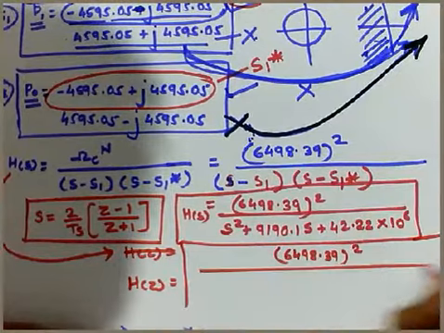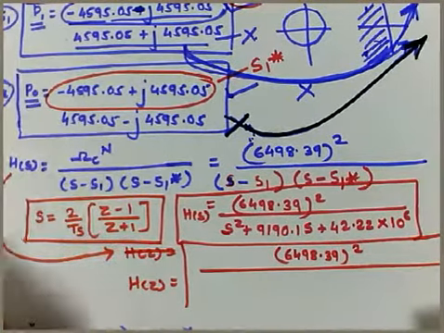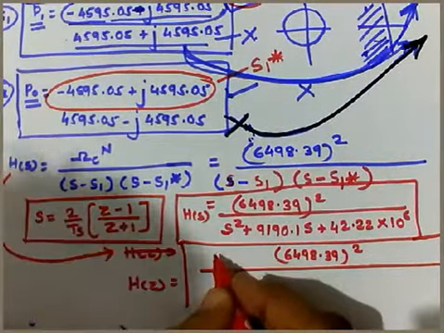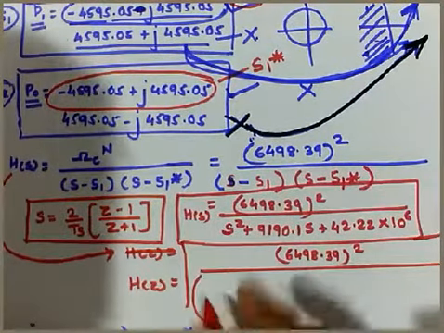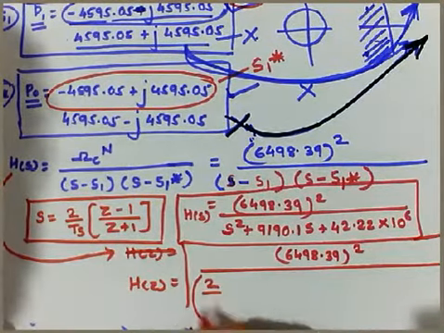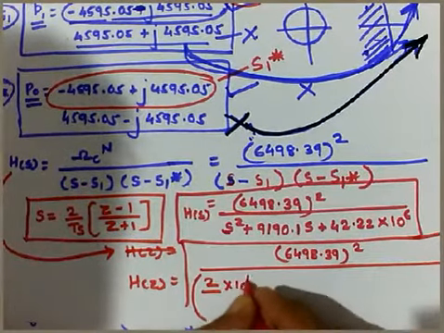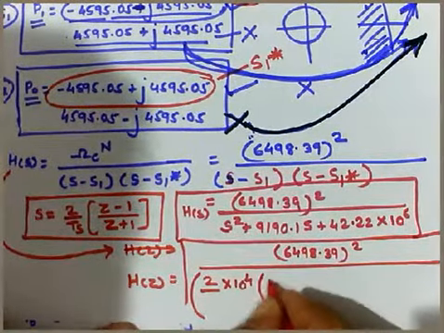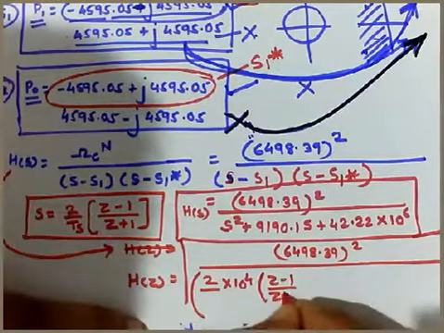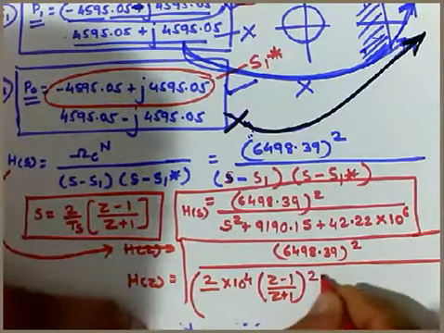There will not be any replacement at least in the numerator part, but in the denominator it will definitely be replaced. So S, that is 2 by Ts, Ts is 1 upon Fs, so 2 into 10 raised to 4, Z minus 1 by Z plus 1 square.